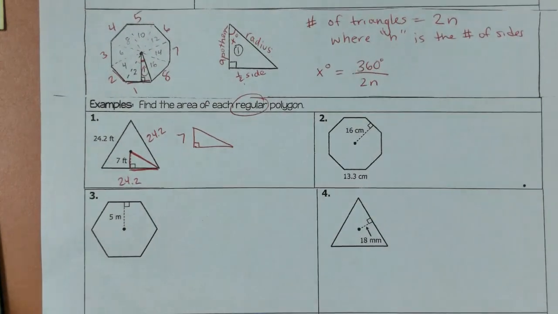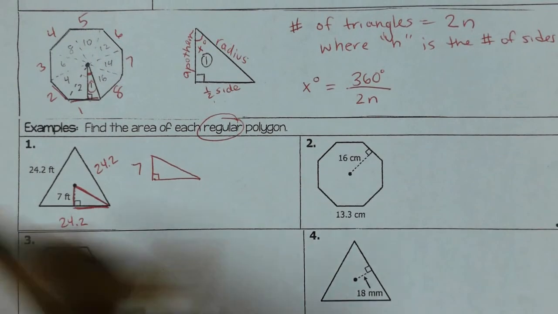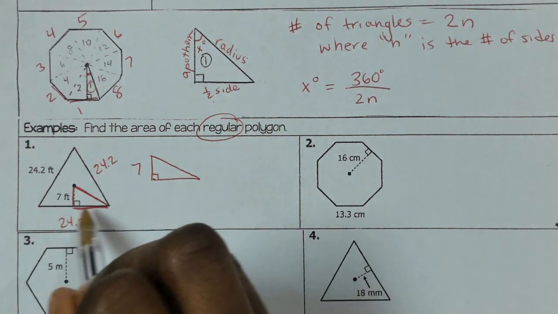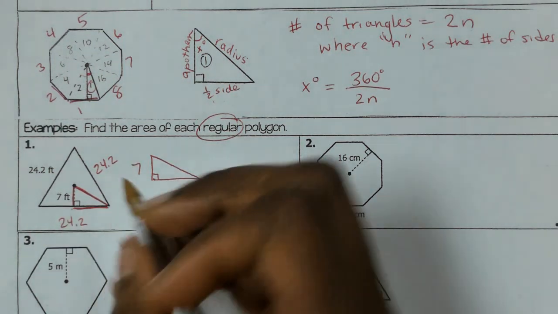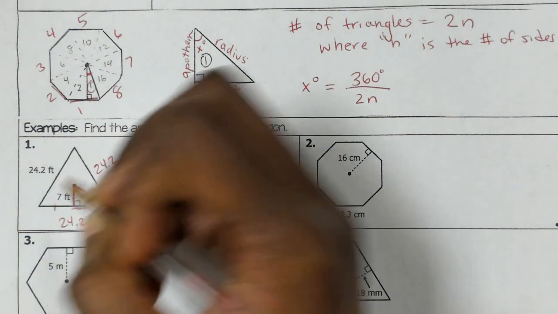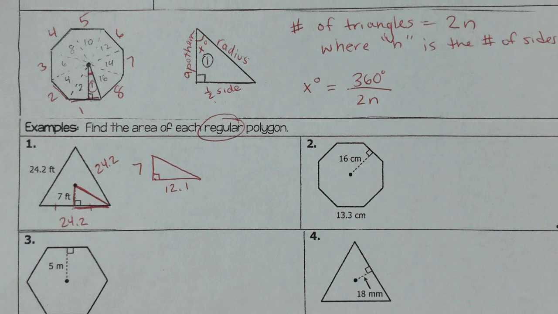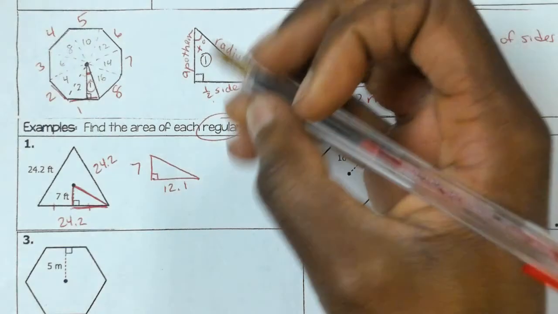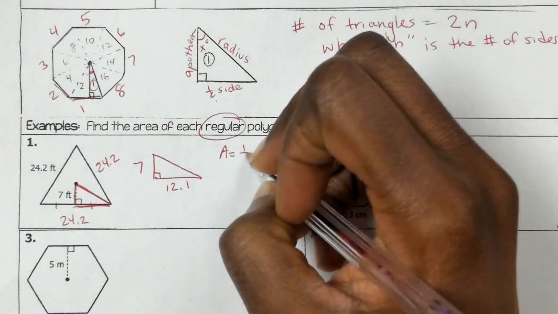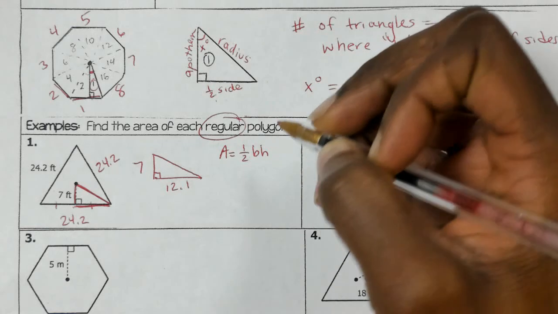So if this is a regular figure, and this whole length was 24.2, then half of that would be 12.1. Okay, so each of these segments are equal. All right, and then from our previous day's work, we can figure out the area of this triangle by doing 1/2 base times height.